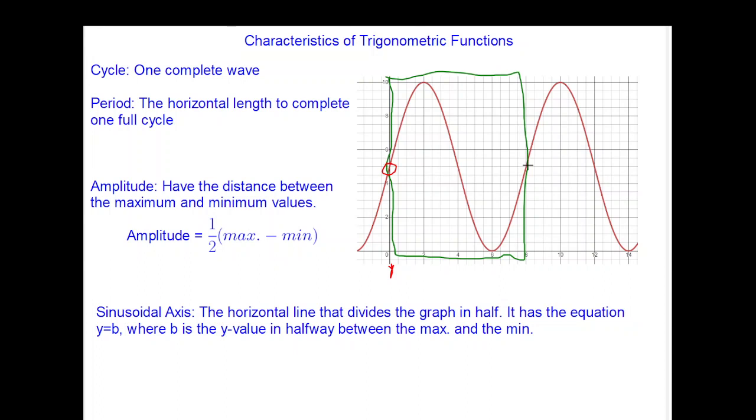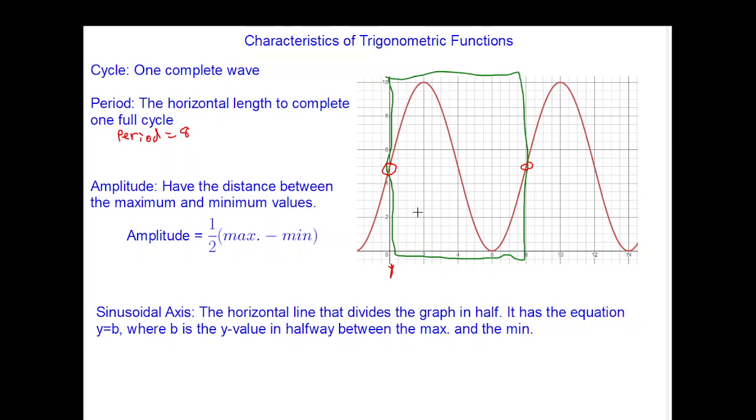We said that the cycle ends over here. So we went from x equals 0 to x equals 8. That would mean that the period here is equal to 8, whatever these units are. I didn't include any units, but the period of this particular function would equal 8, again, whatever those units are.